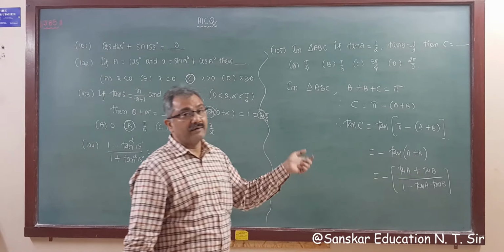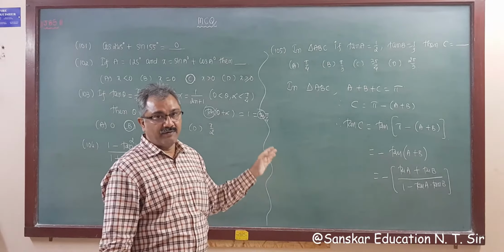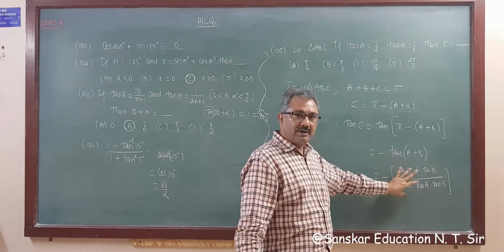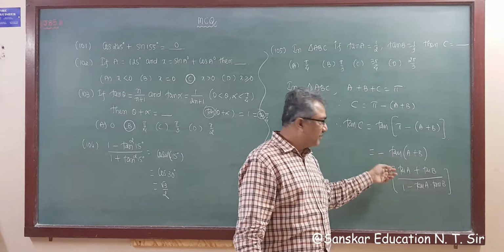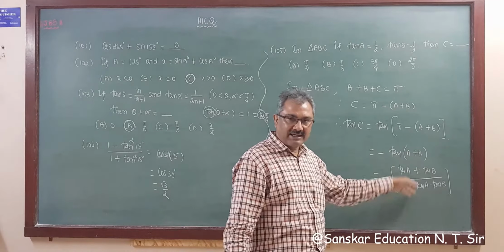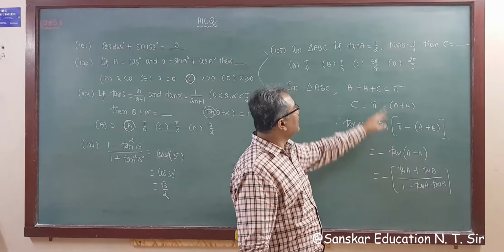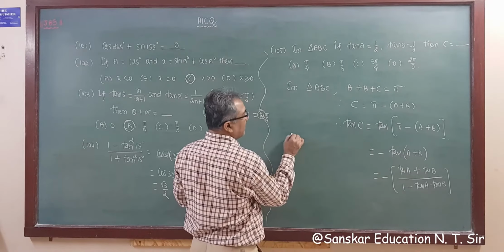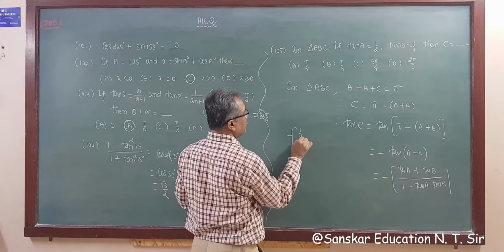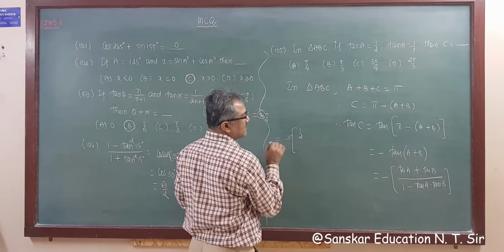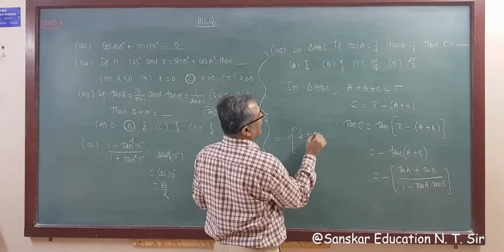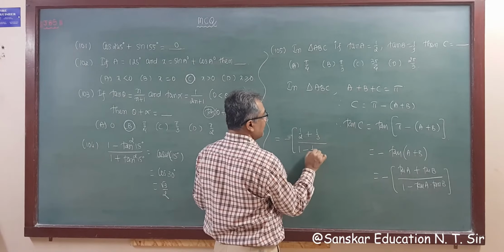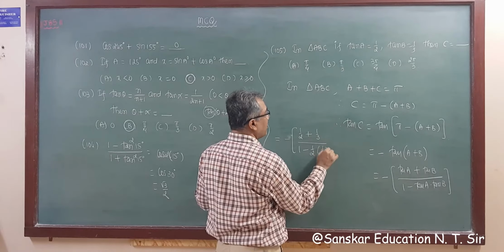This is a revision period. We have revised all formulas, so I am not going to write a separate formula because this is a simple and straightforward formula. Now tan A is 1/2, so I am writing here minus 1/2.